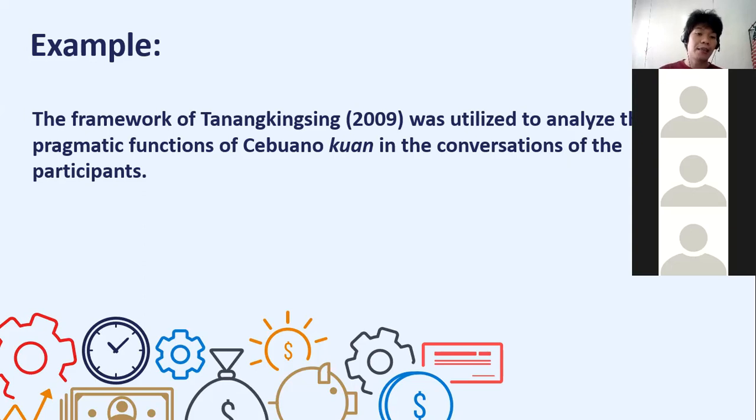It just provided the theoretical framework or the theory base of the study. Example, the framework of Tanang Singh 2009 was utilized to analyze pragmatic functions of Cebuano Kuan in the conversations of the participants. So you need to condense your methodology since a research abstract is very short.